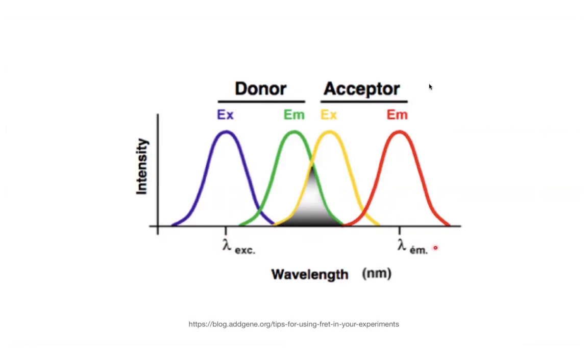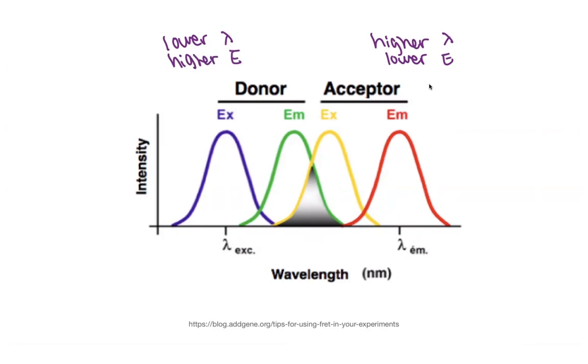So if you have a higher wavelength, remember that a higher wavelength is going to be lower energy. So let's just write that down so we remember. Higher wavelength, lower energy. And then lower wavelength, higher energy.